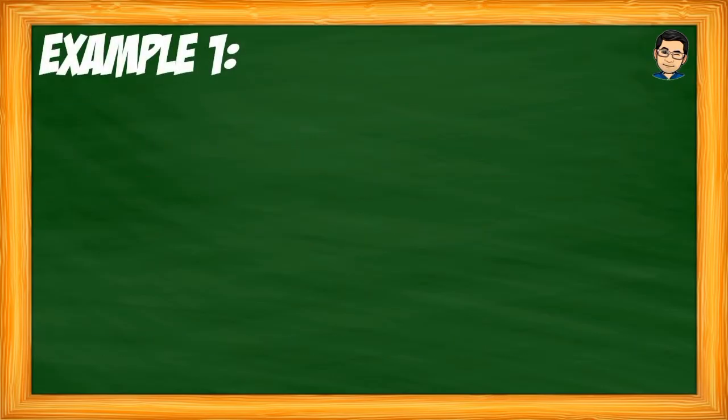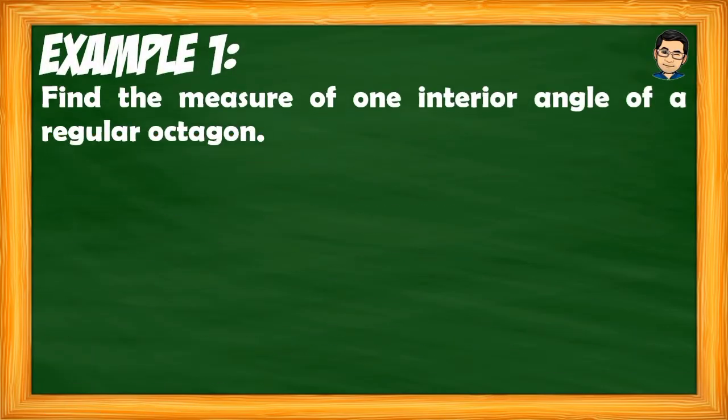So let us have an example. Find the measure of one interior angle of a regular octagon. So kailangan memorize po natin kung ano yung octagon, heptagon, ayun, kung ilang sides po meron yon. So for this given problem, so octagon has 8 sides. So therefore, n is equal to 8. Now the formula to get the measure of one interior angle of a regular polygon is 180 degrees times the quantity of n minus 2 all over n, where n is the number of sides.